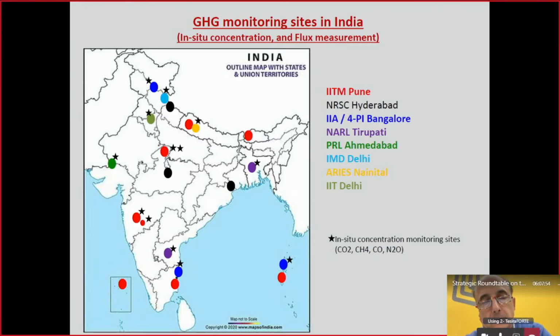And we have 2 sites from NARL Tirupati and 1 site from PRL Ahmedabad, that is Mount Abu. And IMD recently started a site in Ranichauri. Dr. Soni is here, who is in charge of this site and who initiated it. And we have a site at ARIES Nainital from Manish Naja and group.